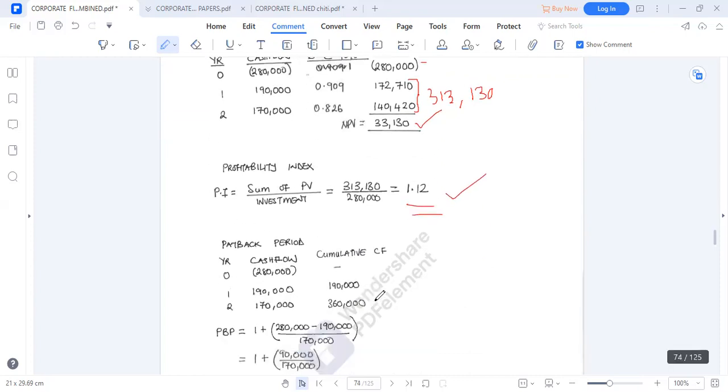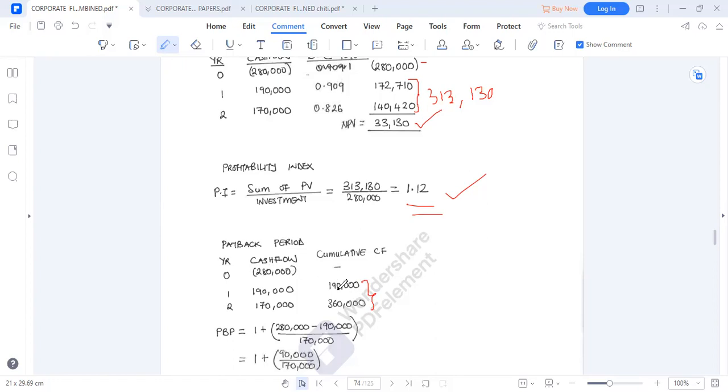So for payback period, we need to know when we are going to receive our initial cash outflow. So when you bring your 90 there, we add 90 plus 170, we get 360. So for payback period, we need to look first within this range, where the amount is going to be paid.